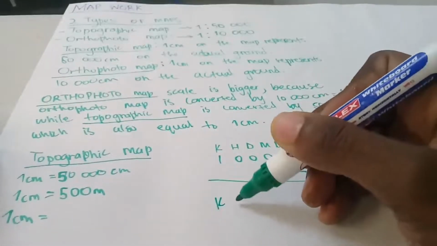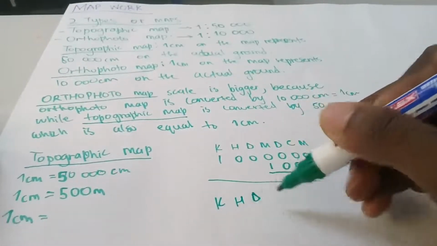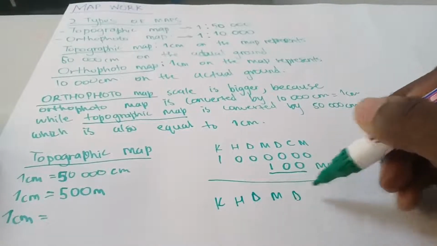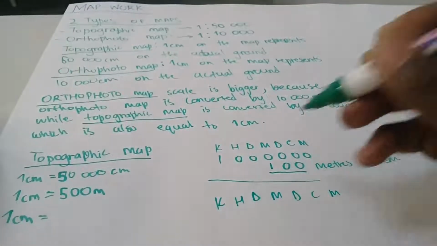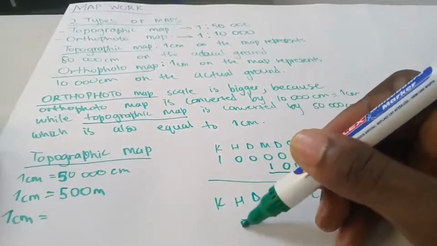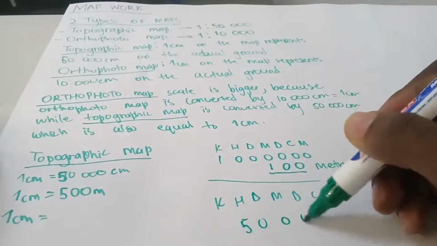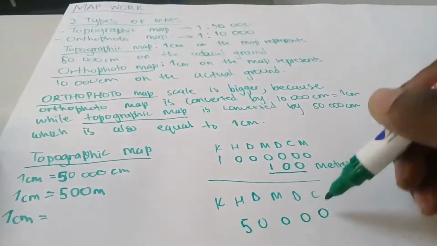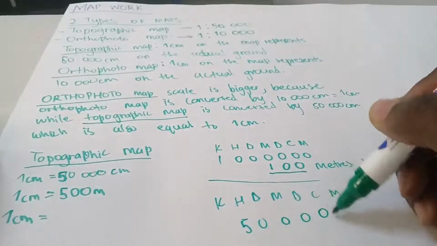So we have King Henry died in a misery, death called misery. You have your scale, which is 50,000 centimeters. We stop on centimeters.